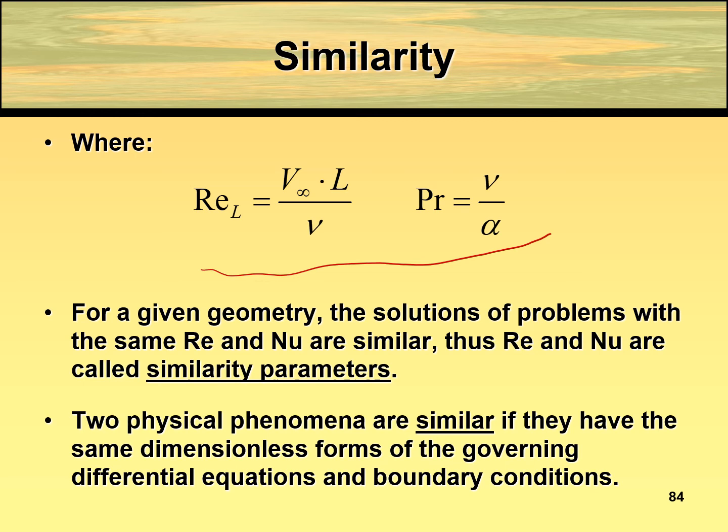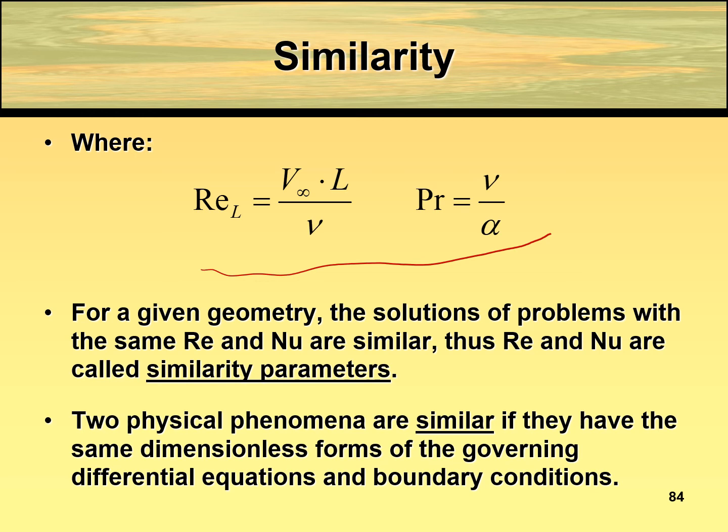Thus, Reynolds number and Nusselt number are called the similarity parameters. With this condition, we summarize, it will simplify for the engineers, for the users, to accommodate their conditions. Okay, when you do the mapping in your engineering problem.